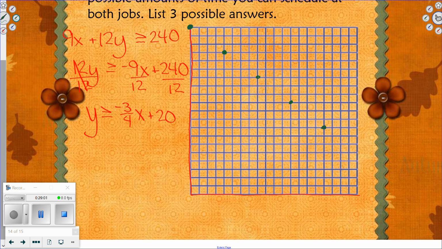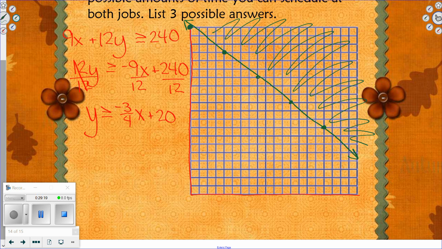Solid or dotted? Solid. Above or below? Greater than. So anything up in there.